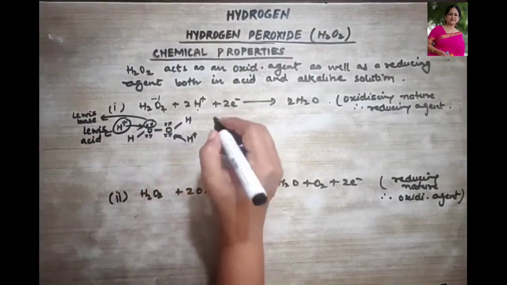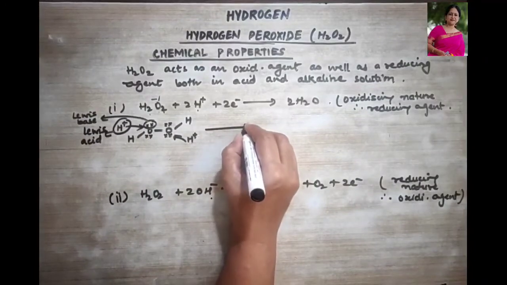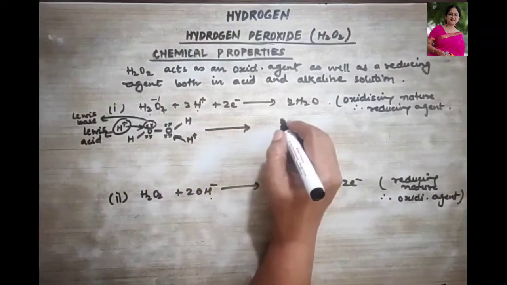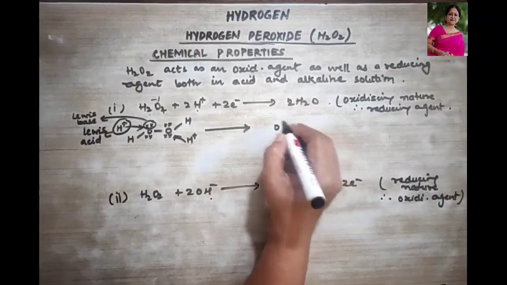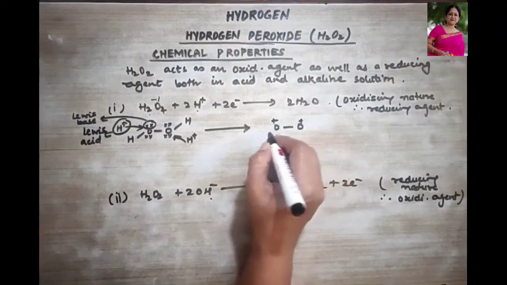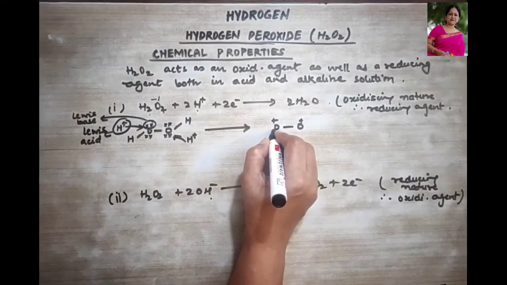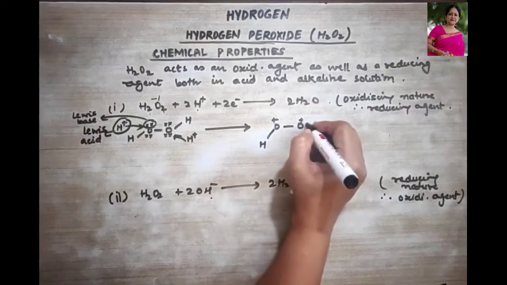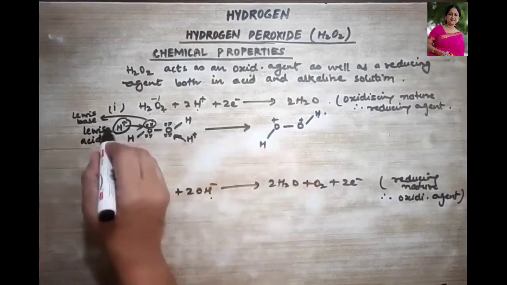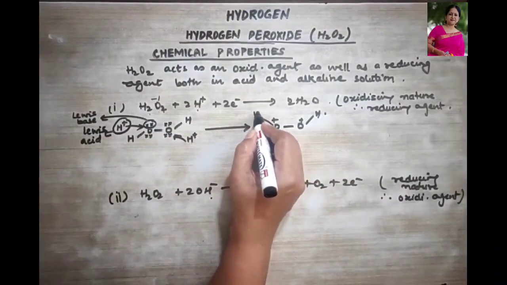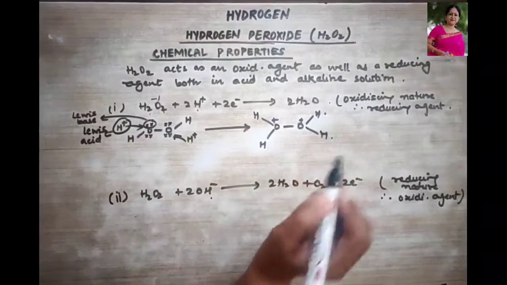Protonation will take place. So after protonation, what are we going to observe? These oxygen atoms attain a positive charge. This has come over here and this hydrogen has come over here.